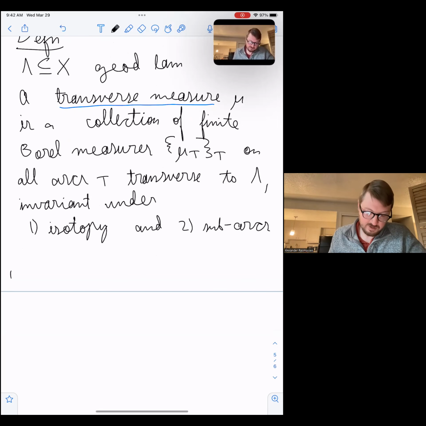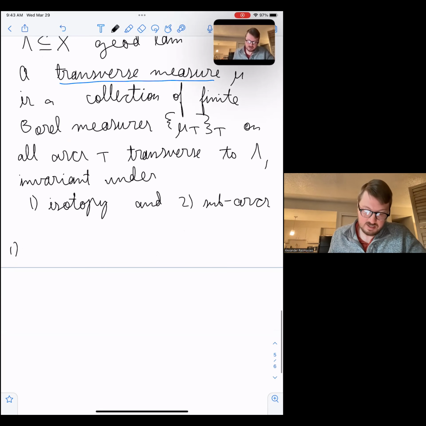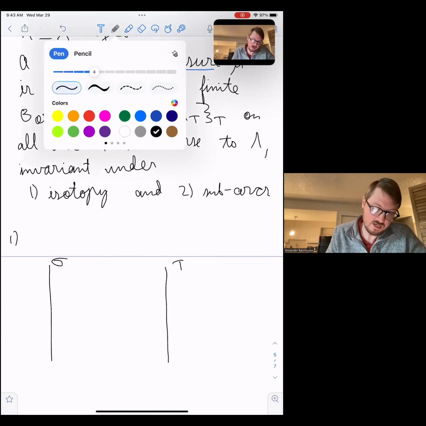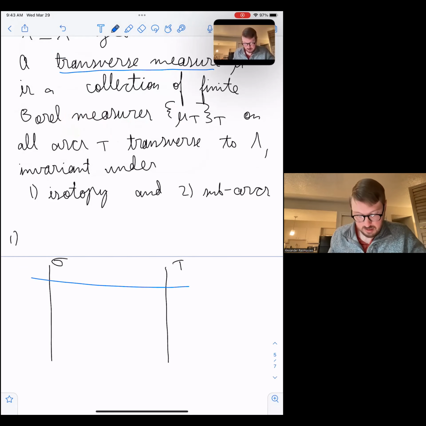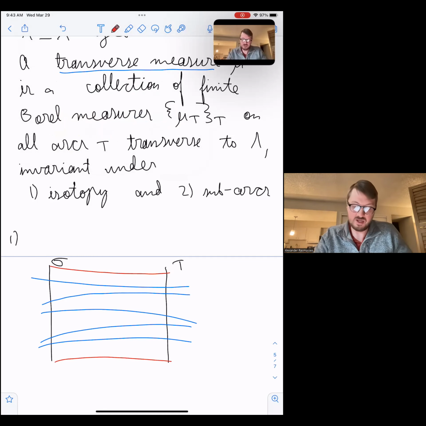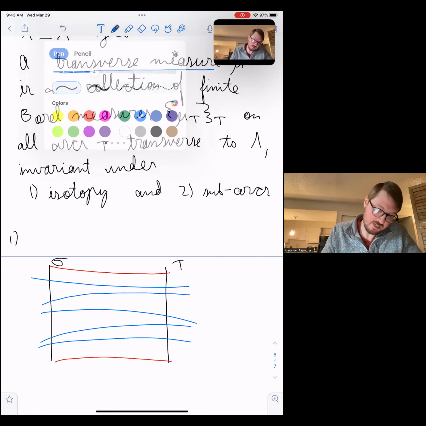So what does it mean for the transverse measure to be invariant under isotopy? So we have two arcs, sigma and tau, which are transverse to lambda, and they're isotopic through some collection of transverse arcs. So this is like the track of the isotopy, and every leaf of lambda that hits sigma is also going to hit tau. Okay, the blue stuff here is lambda.